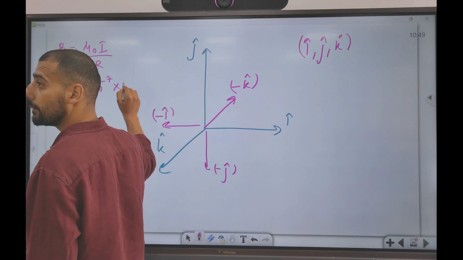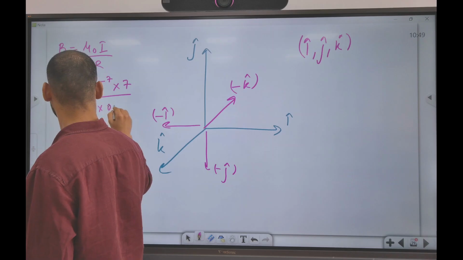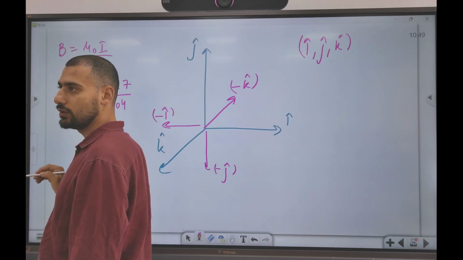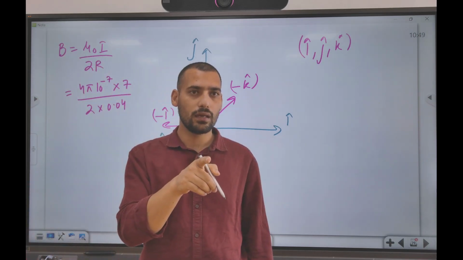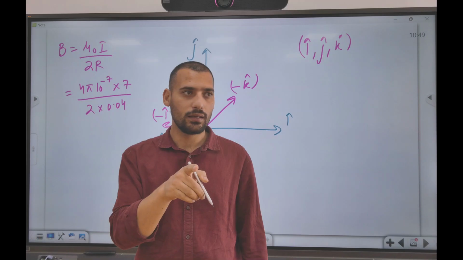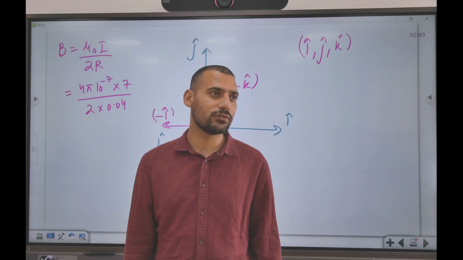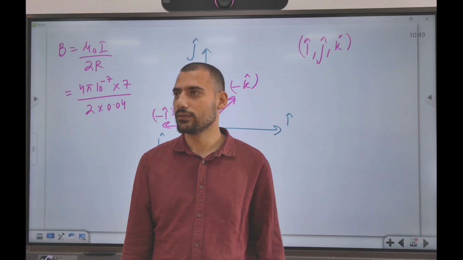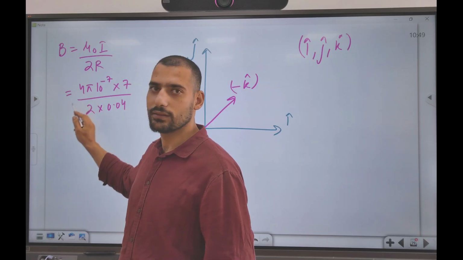Current is 7 upon 2 times radius is 0.04. I did 2 pi, that's to do with the axis. You used pi? No, yes. I didn't use it. Then how did you get the same value? Mistake, I didn't put the pi in fourth. They did 4 times 10 to the power negative 7.